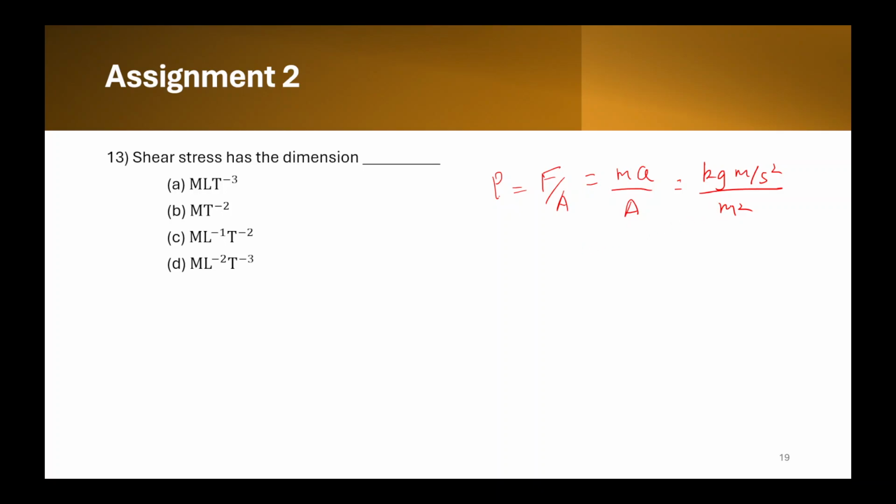So the unit of the pressure, or tau, is kg per meter second square. So the dimension will be M L minus 1 T minus 2. So the third option here.